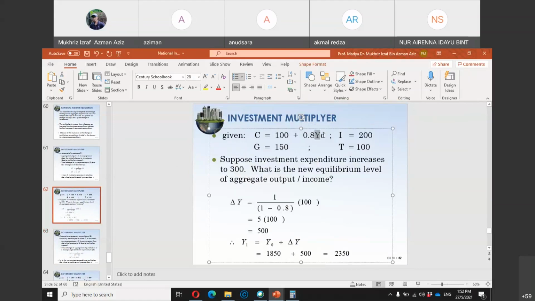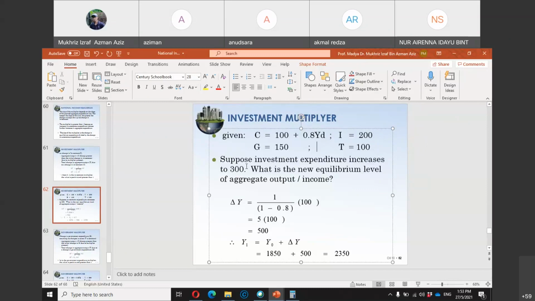Because YD is Y minus T. We need to know the original GDP value, because if there is an investment coming into the country, we need to know how much our GDP changes. To know how much is the change, you need to know the old, original value. Then you can see how much the change is.